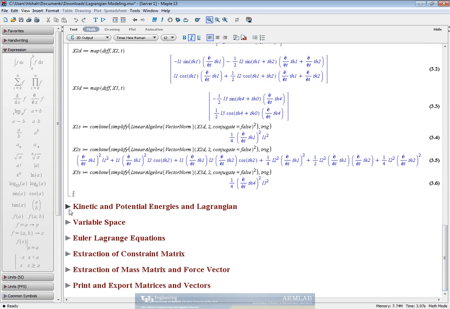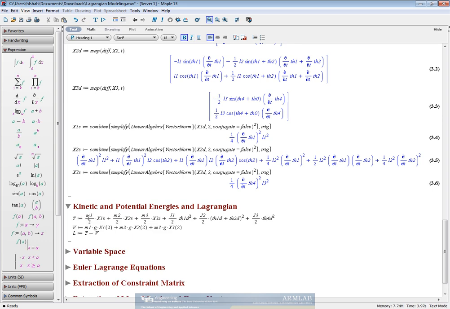The next step is to actually multiply these magnitudes with the different masses to find the kinetic energies, and multiply the rotational magnitudes of the different centers of masses with their inertias so as to find the rotational kinetic energies.